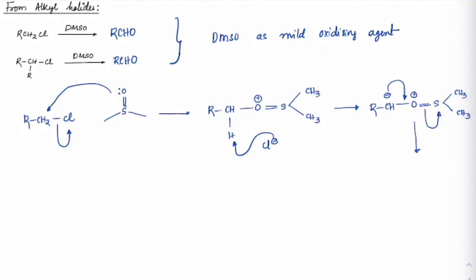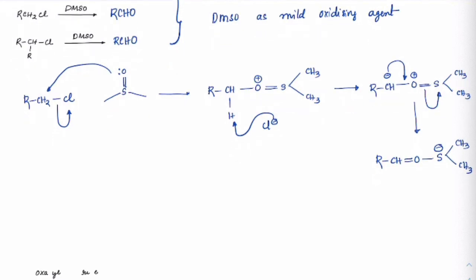C double bond O is the motivation for this reaction. So we'll have this as RCH double bond O with single bond S, CH3, CH3 with a minus charge on it. Okay, got it. And this oxygen will get a positive charge. Then Cl minus will attack on it.